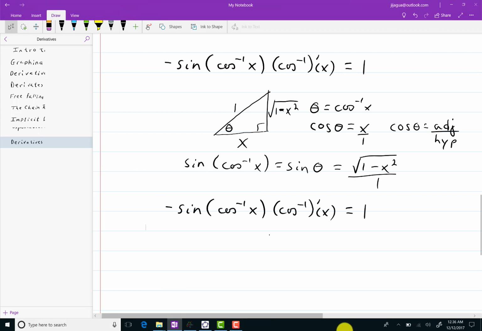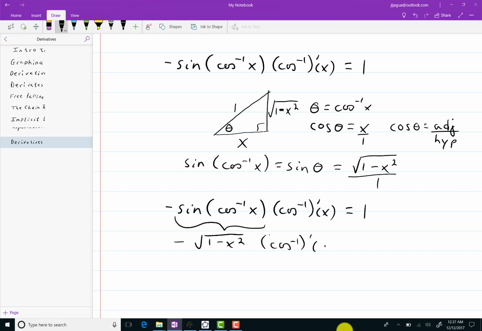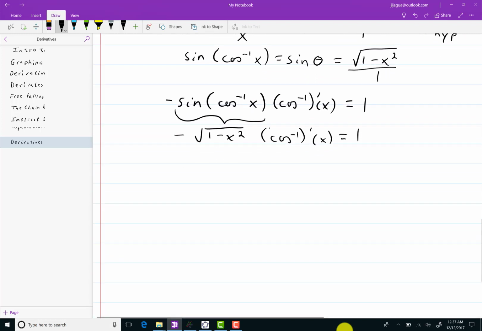Then I can replace this portion of it with the square root of 1 minus x squared. Don't forget I'll bring down the minus sign. Then I have cosine inverse prime of x equals 1. So now I can solve for cos inverse prime and get cos inverse prime of x equals negative 1 over the square root of 1 minus x squared.